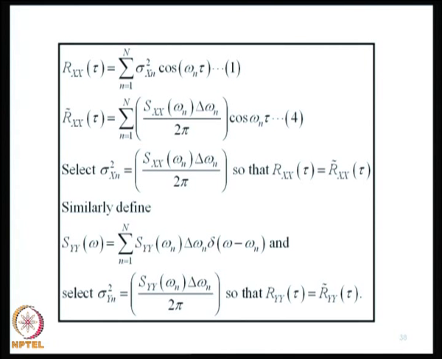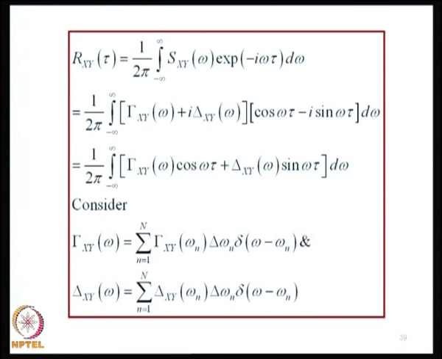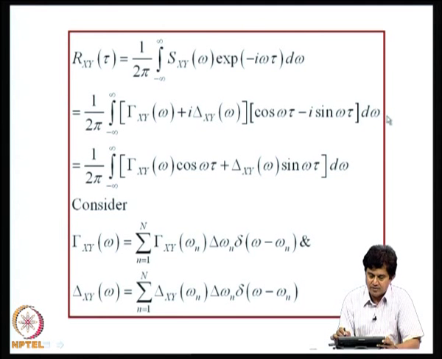How about Rxy? Rxy of tau is given by this, and by separating real and imaginary parts and honoring the fact that Rxy of tau is indeed real valued, I get this function. I have already shown that the imaginary part is 0, and this has implications on the properties of gamma and delta.